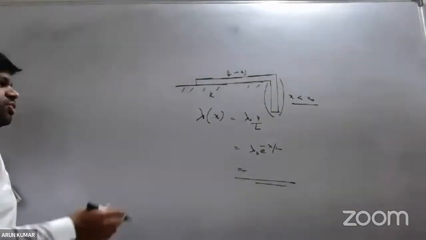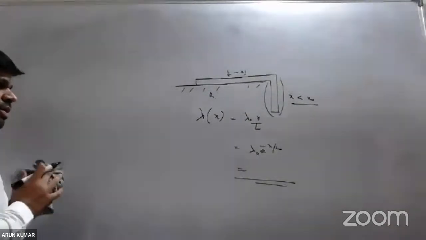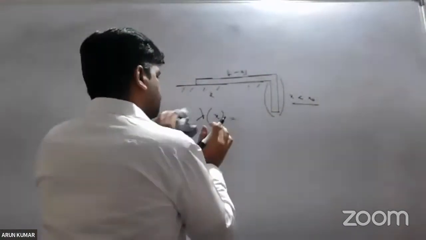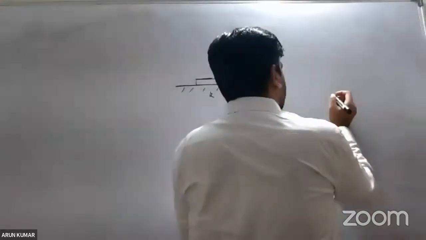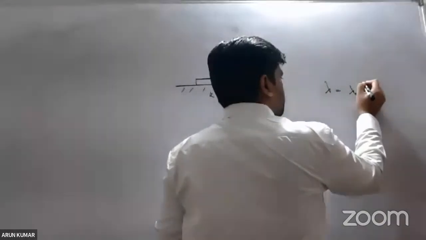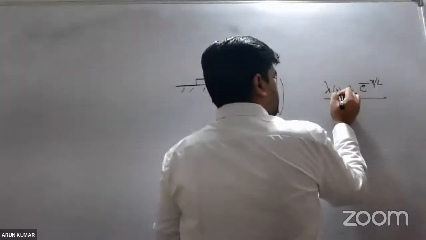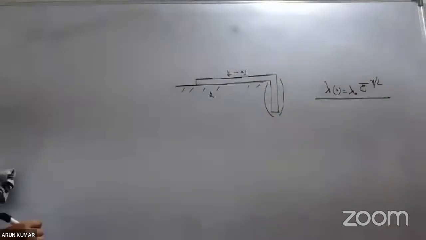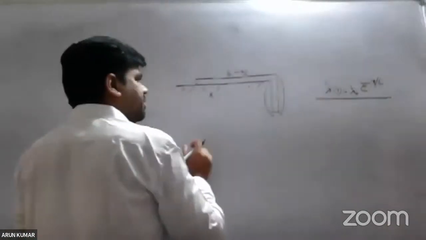In this case, let us find out the total mass of the rope. How do I do that? Let's find out the total mass of the rope first.